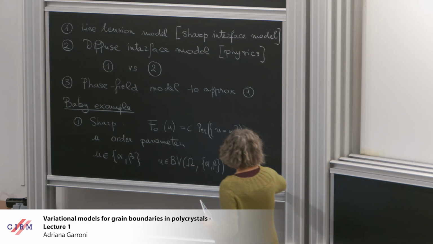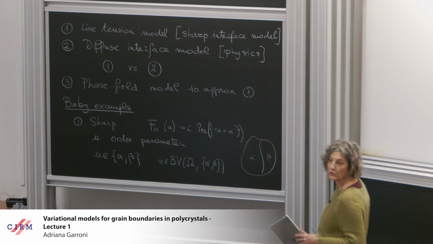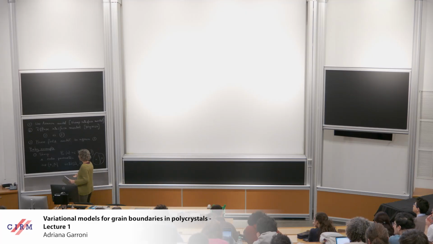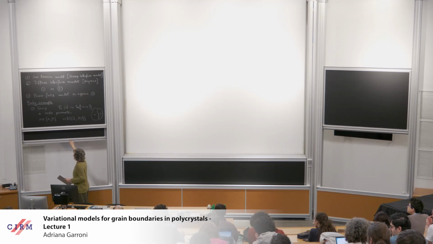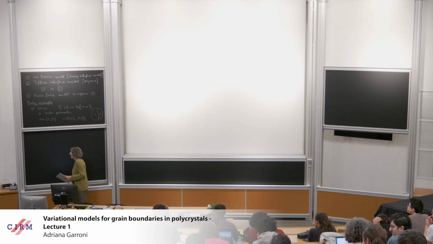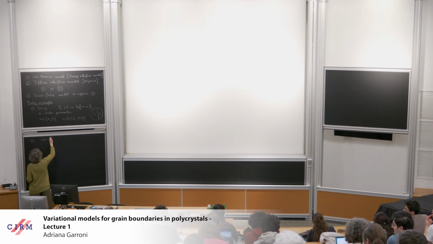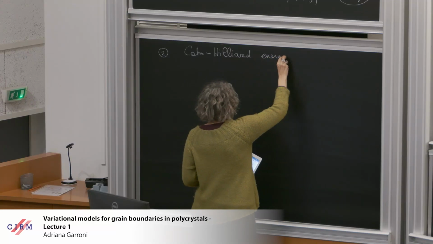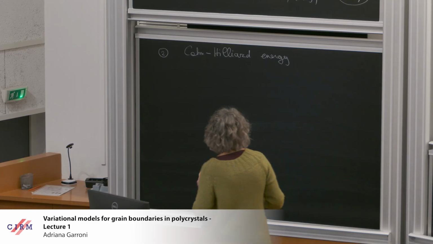Okay? So you just measure the perimeter of this set. So you have your domain, you have a separation between these two phases, and you measure this perimeter. Okay, and in this simple situation, the diffuse interface model is somehow what is called the Cahn-Hilliard energy. The Cahn-Hilliard energy actually contains two features.